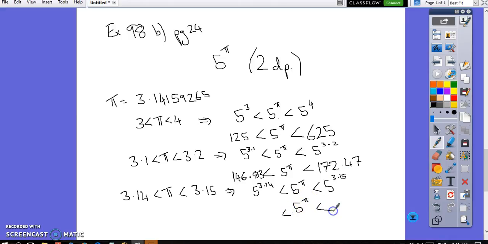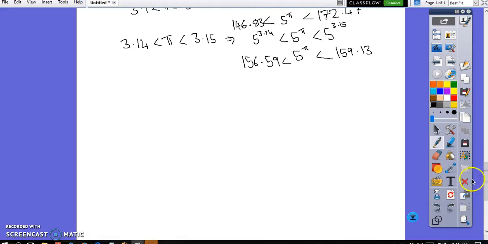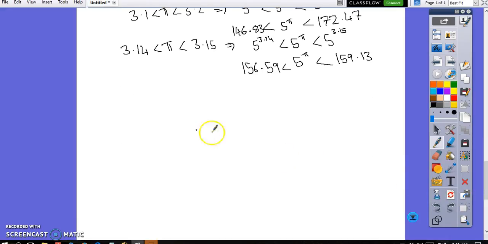So it's between 156.59 and 159.13. Again, clearly not enough.